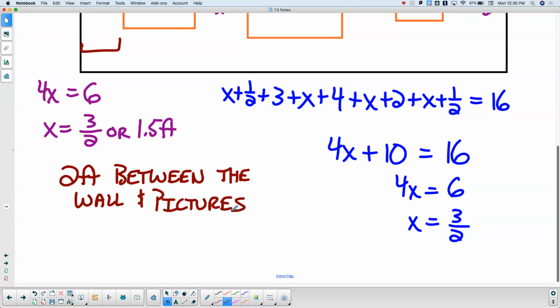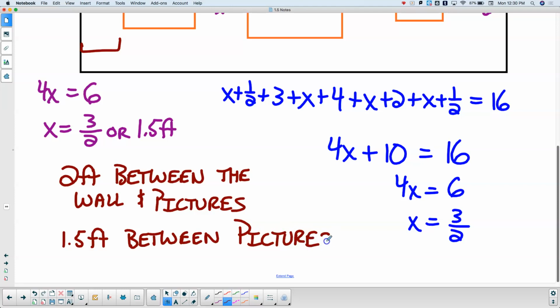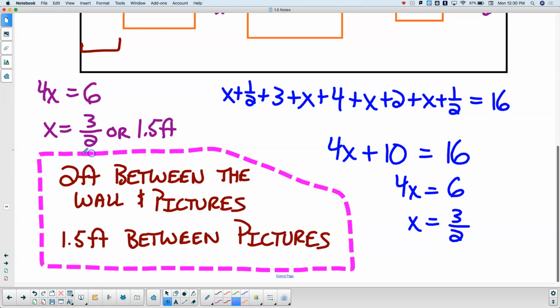So 2 feet in on the left side and right side. And I would also say 1.5 feet between pictures. That is how I would space out that wall.